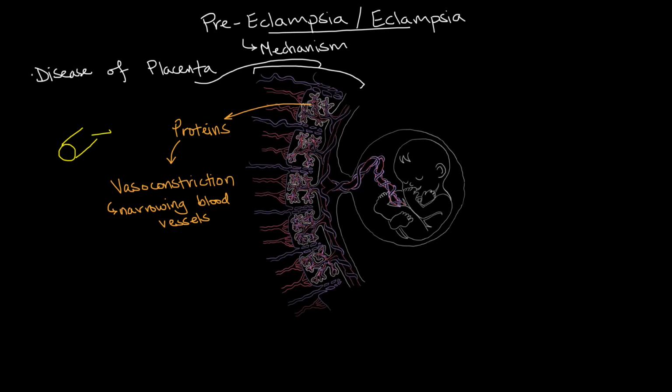But the blood vessel can actually get narrower, and this would be vasoconstriction. The blood vessel can also get larger, and this would be vasodilation. We won't talk as much about that, but this vessel constricting is known as vasoconstriction.